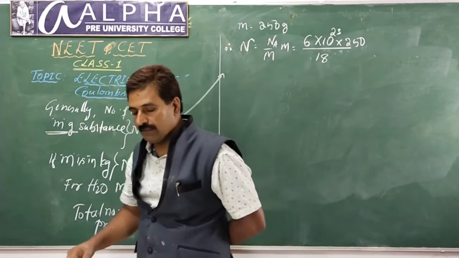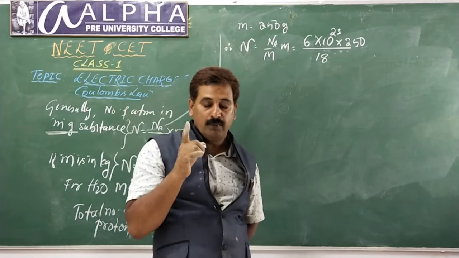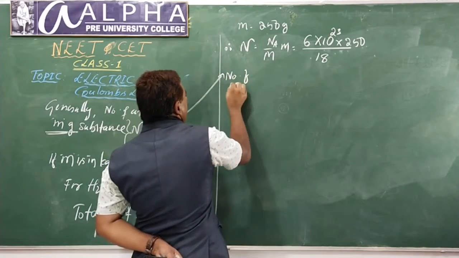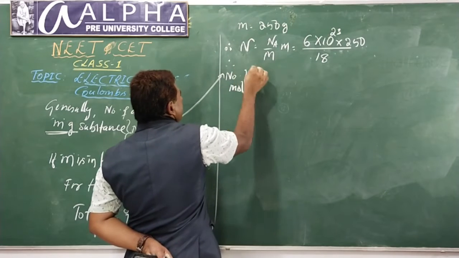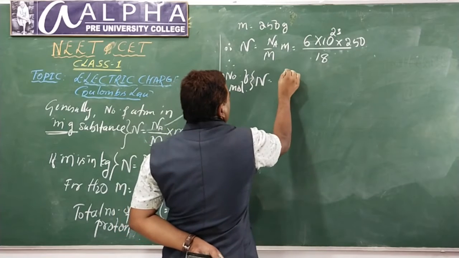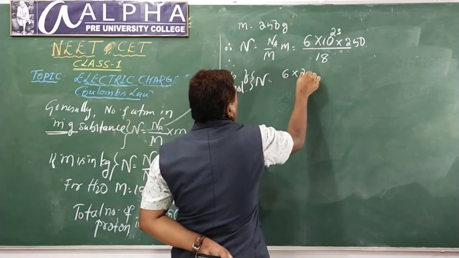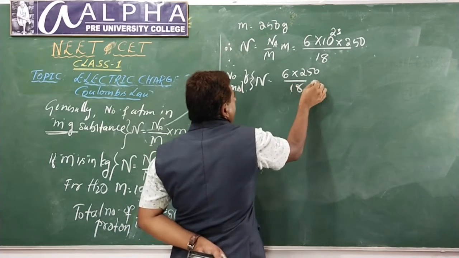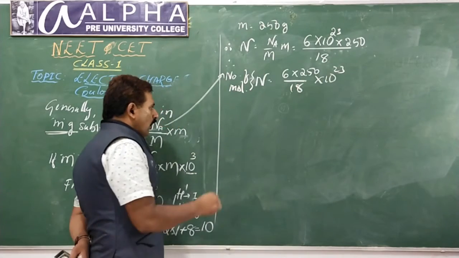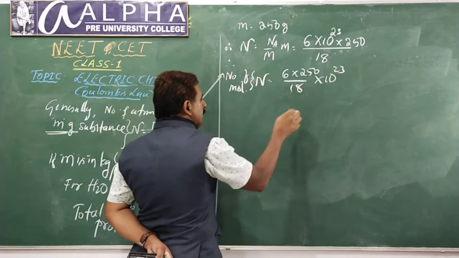This is the number of molecules. Therefore, the number of molecules N equals this much: 6 into 250 divided by 18, 10 to the power 23. That's it. Now, each molecule has 10 protons.